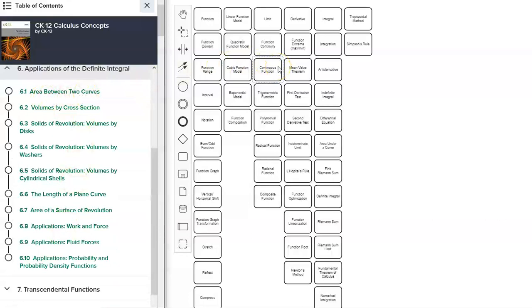You remember earlier we had the area under a curve, but this time it's the area between 2 curves. So what things can you do with 1 curve? What things can you do with 2 curves? Volumes by cross section.